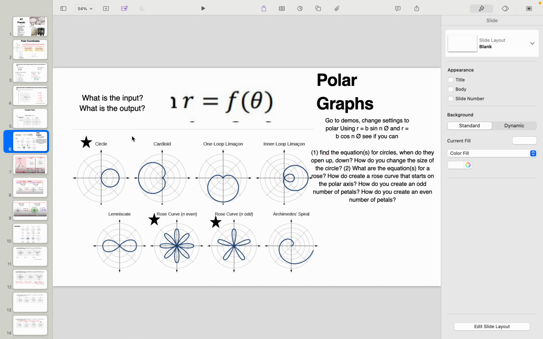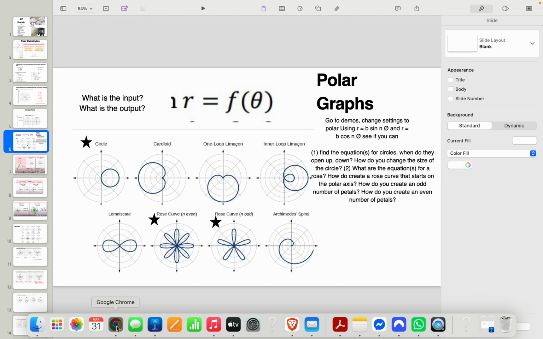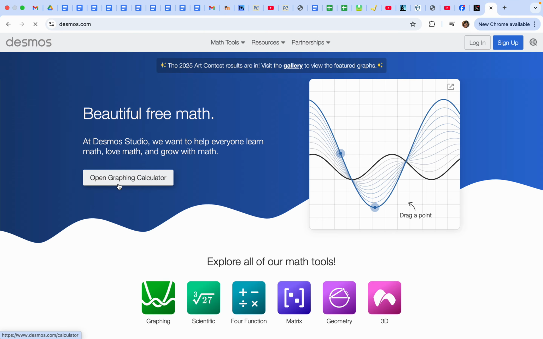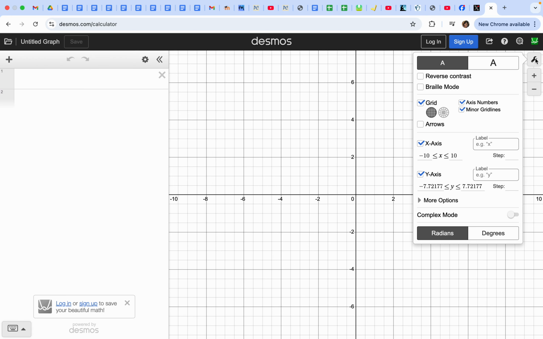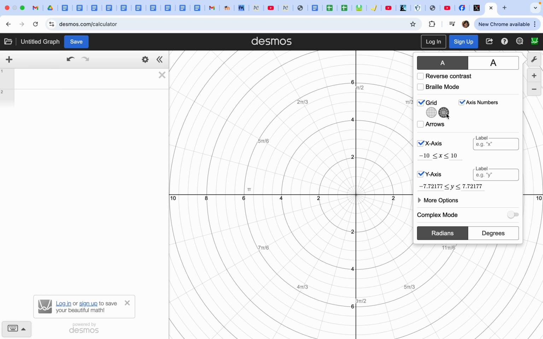What I want you to do is go to Desmos. Let's do part of this first together. If I go to Desmos, I can see over here on the little tool that I can change this to be polar coordinates. So we want to change first to polar coordinates.